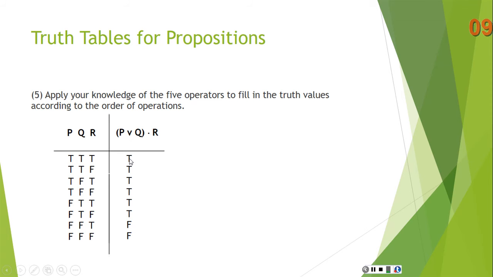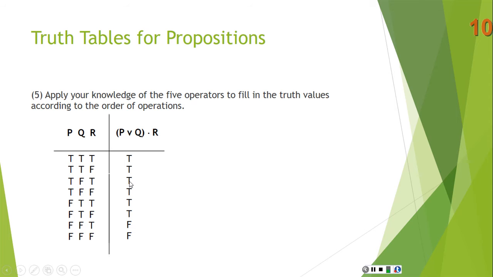And when you look at the truth table for the wedge, you see that whenever one disjunct is true and the other disjunct is true, the whole thing comes out true. That's why we put true here. So then we figure out the truth value for the second line. P is true and Q is true. Whenever one disjunct is true and the other disjunct is true, the whole thing comes out true.